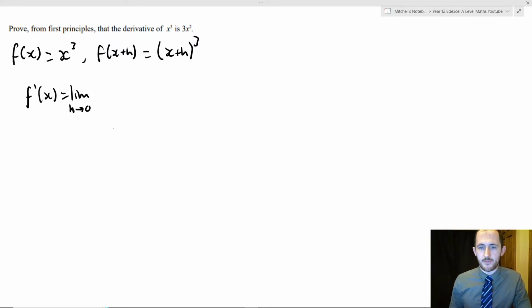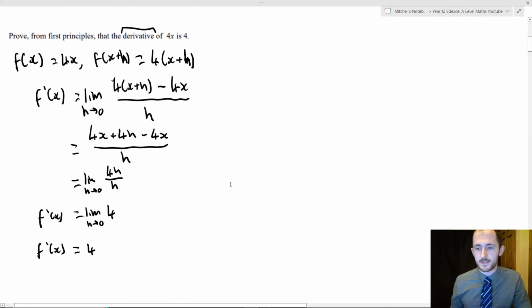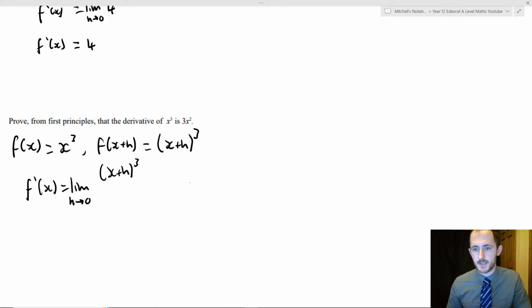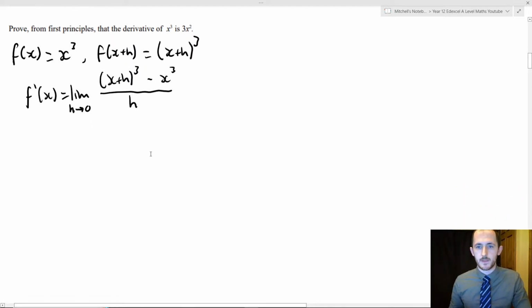And we have f of x plus h, so we have x plus h cubed. Again, I'm just using the formula here. Minus f of x, so minus x cubed over h. Okay. So if we write what that equals to, we have to now expand the brackets, unfortunately.